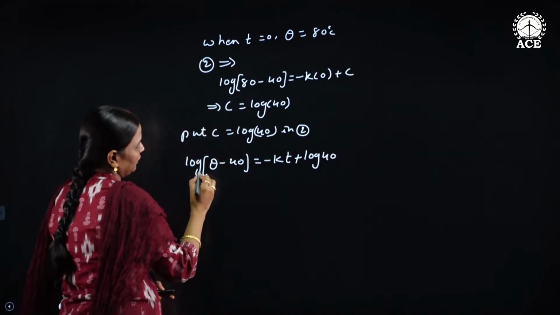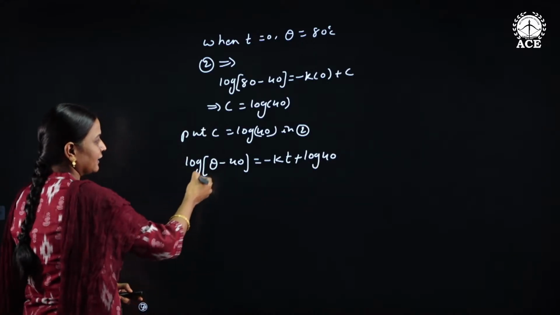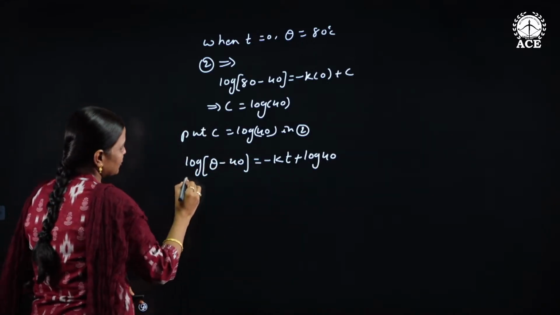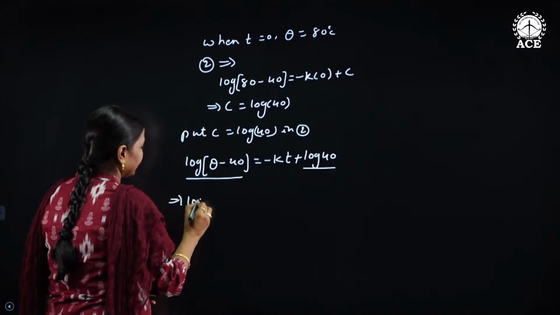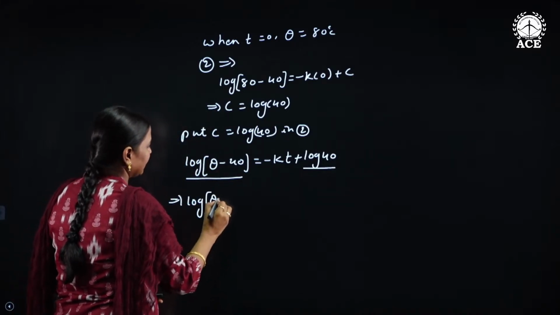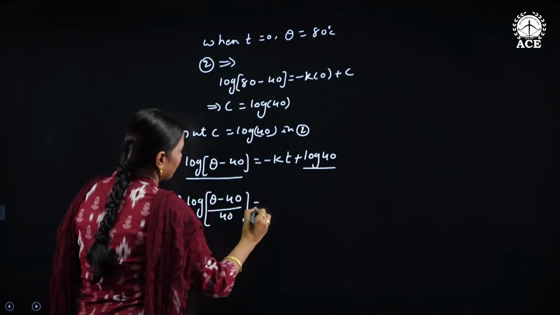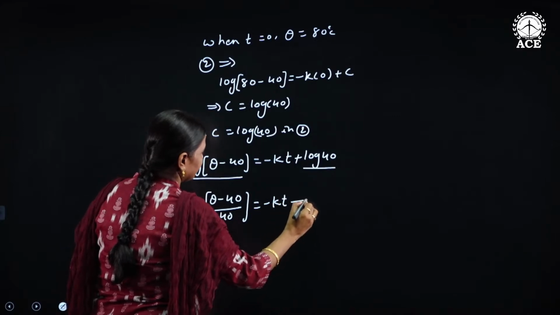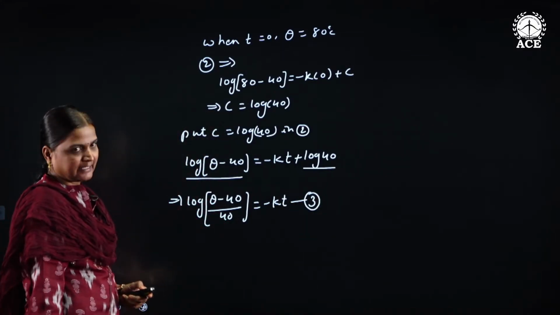From these two logarithmic terms, if we take log 40 to the left side, that is log a minus log b. So we can write log of theta minus 40 by 40 is equal to minus kt. This is equation number 3, obtained after substituting c.